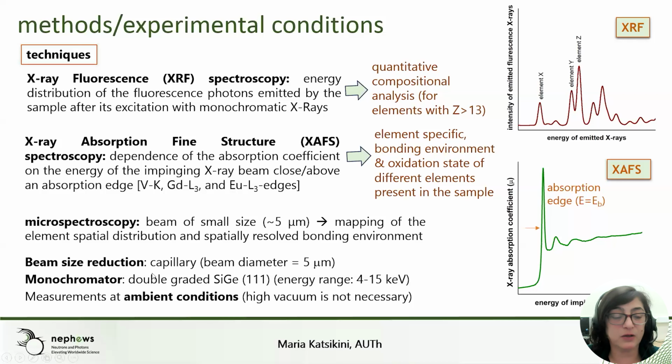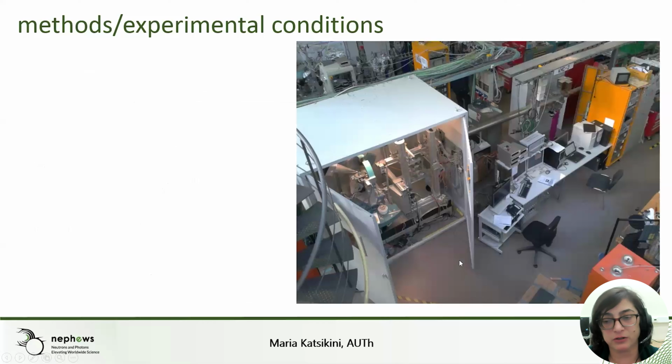In our case, we have used a capillary in order to reduce the beam size to 5 micrometers. That is suitable to perform X-ray fluorescence mapping. All the measurements were done at ambient conditions, which means that high vacuum is not necessary at this energy region.